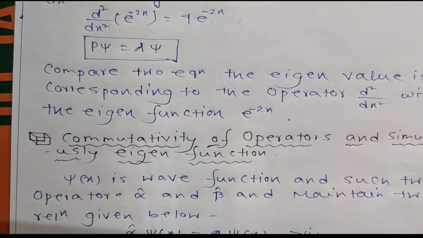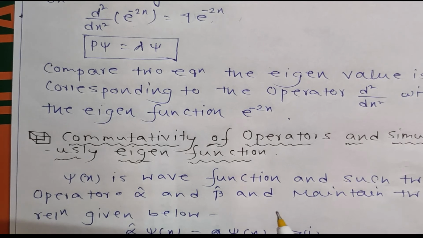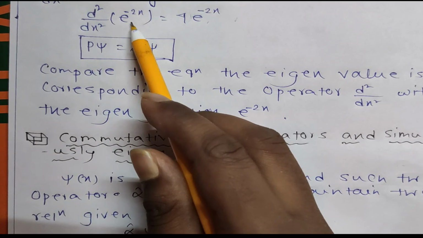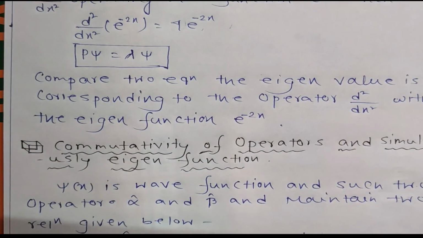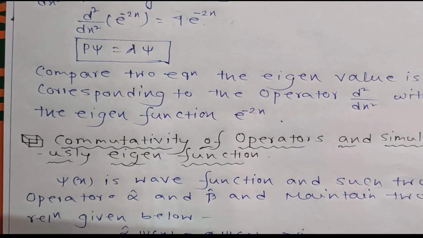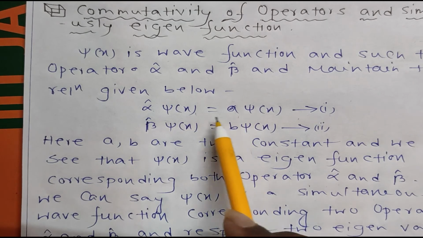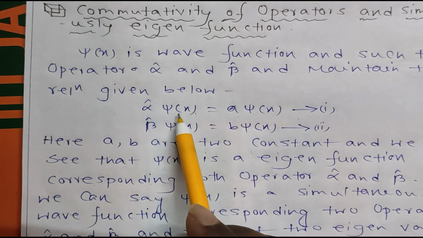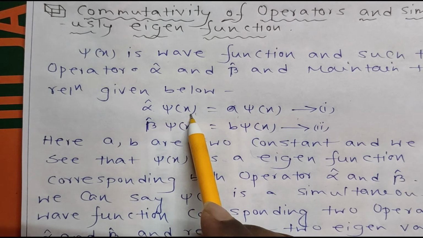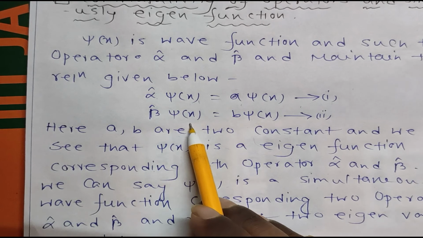So we can say that the same eigenfunction can have different eigenvalues for different operators. Let a be the eigenvalue corresponding to the operator alpha, associated with the eigenfunction psi(x), and b the different eigenvalue of a different operator beta for the same eigenfunction.